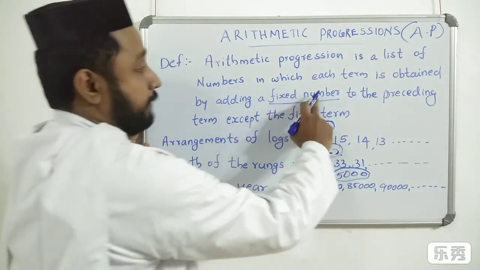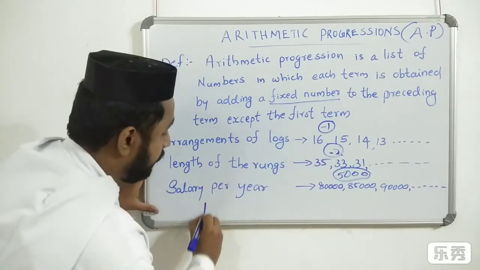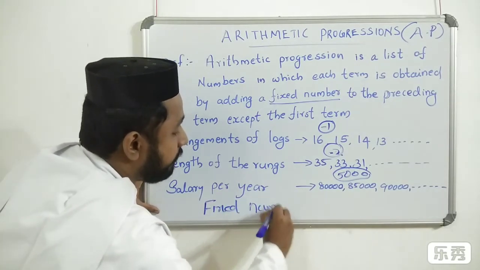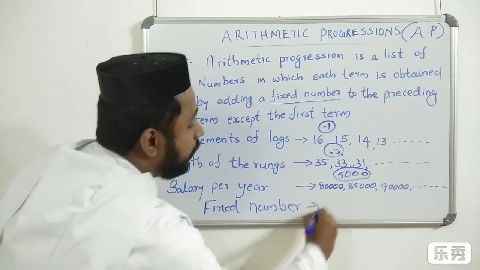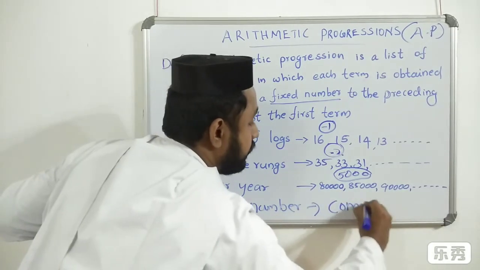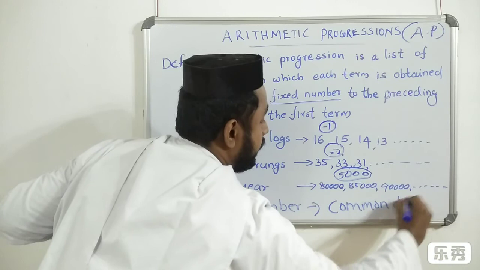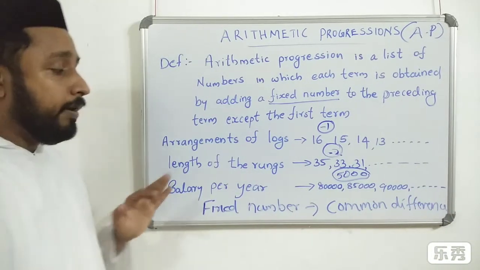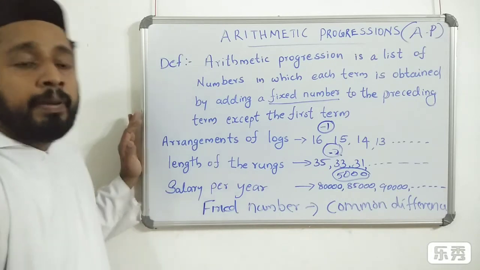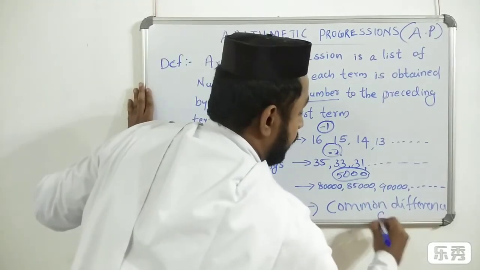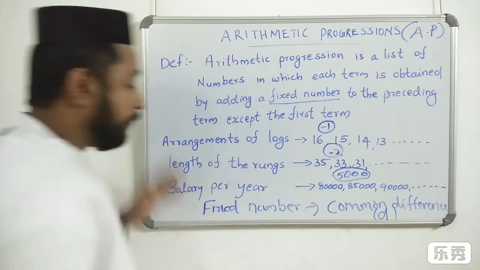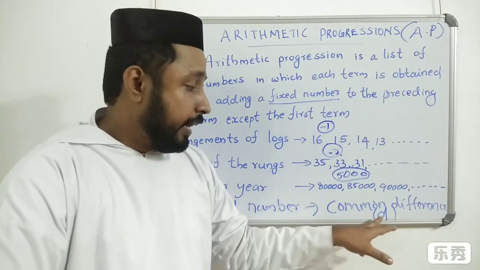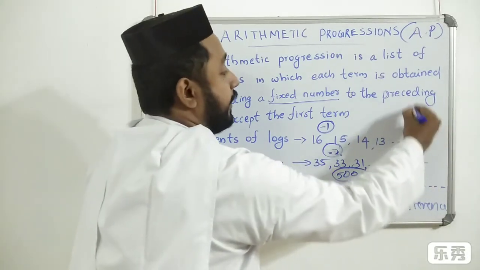This fixed number we call the common difference, and it is denoted by the letter D.